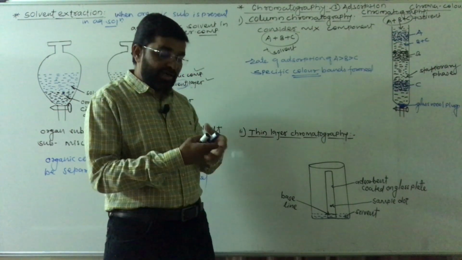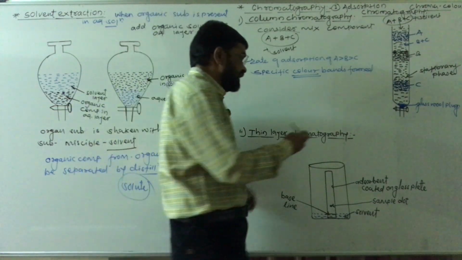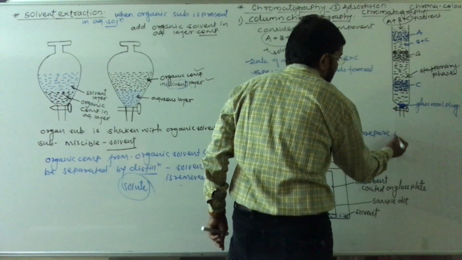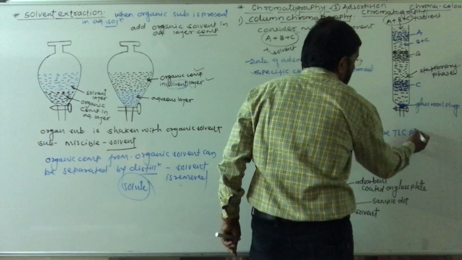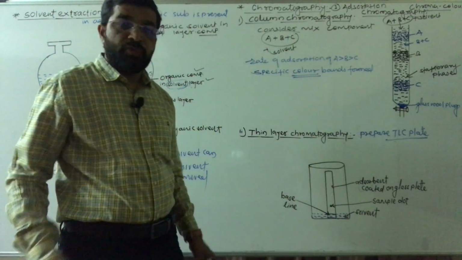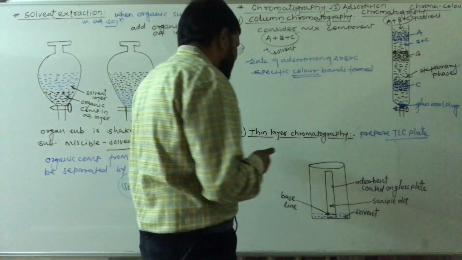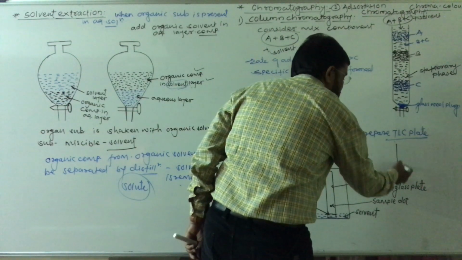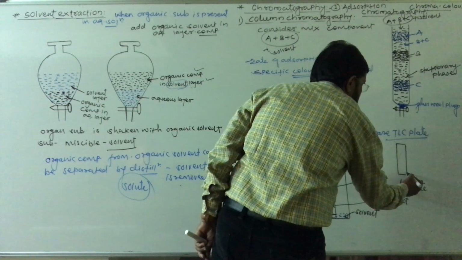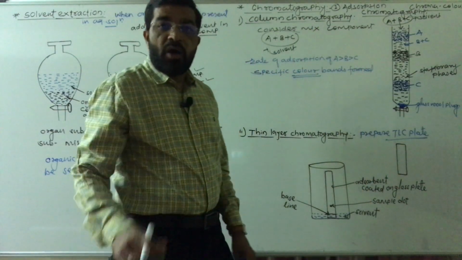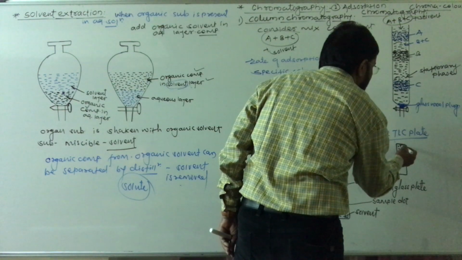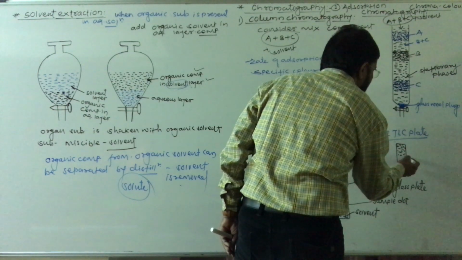In this thin layer chromatography, first of all we have to prepare a thin layer chromatographic plate, the TLC plate. So what is a TLC plate? It is very simple. This is a glass plate. On the surface of this glass plate, adsorbent is spread in this way.